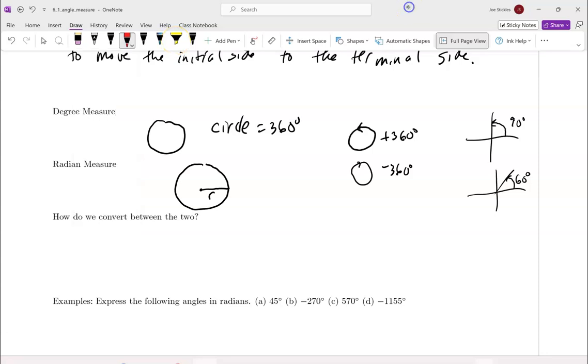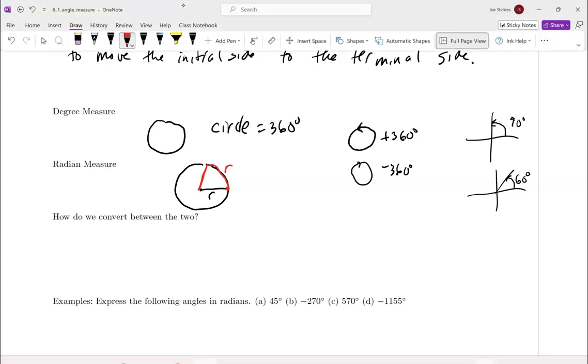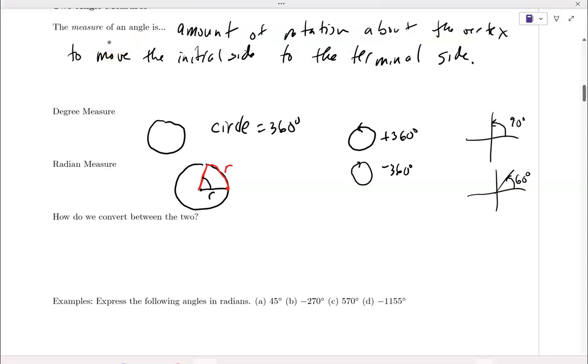If I look at the arc here and go around this way, and make the length of this arc also the radius, so the length of the radius and the length of the arc are exactly the same, that tells me that the angle inside here, this angle, is 1 radian.